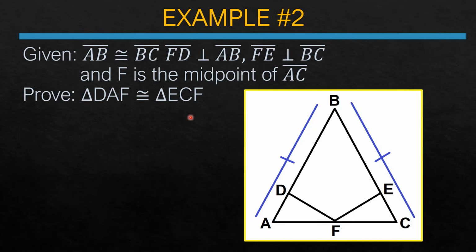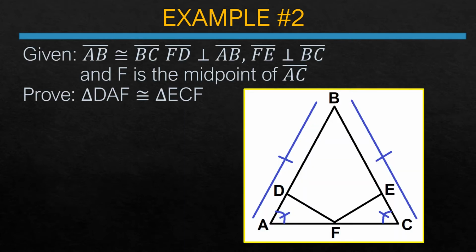We were given that line segments AB and BC are congruent. The consequence of this given is that angles BAC and BCA are congruent.